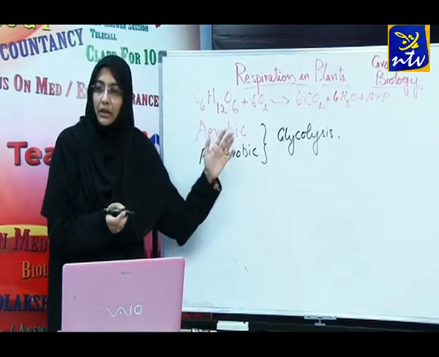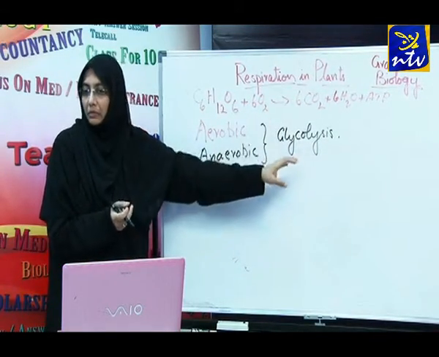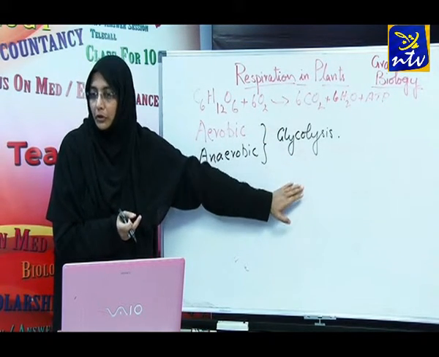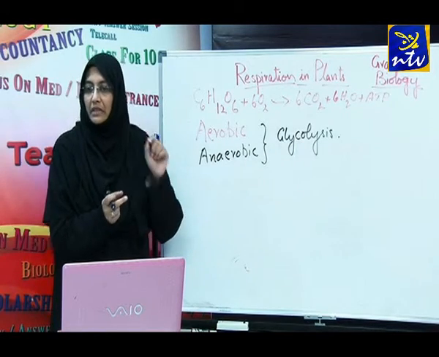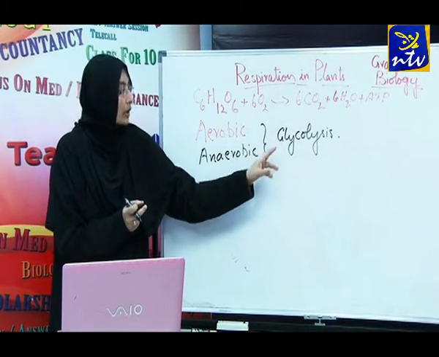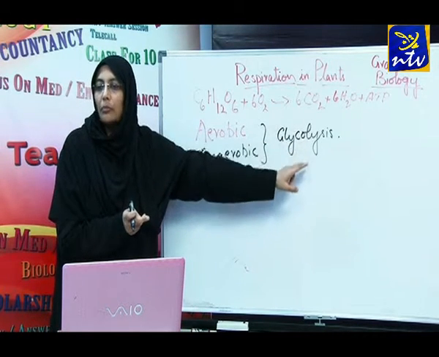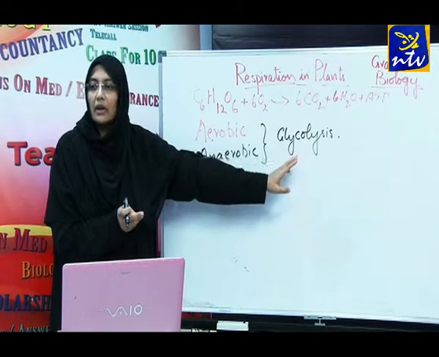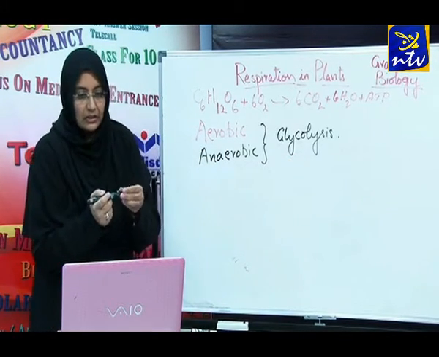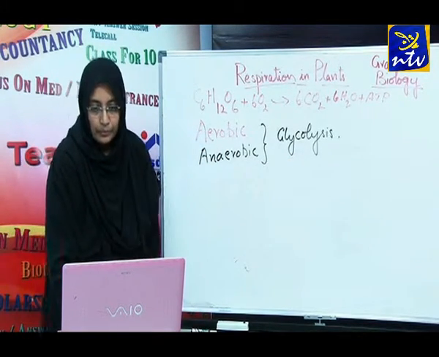As the term indicates, glycolysis means the lysis or the breaking of the glucose molecule. That is, in the first step the glucose molecule is broken into two similar molecules. This process is known as glycolysis. Let us see here the various steps of glycolysis.